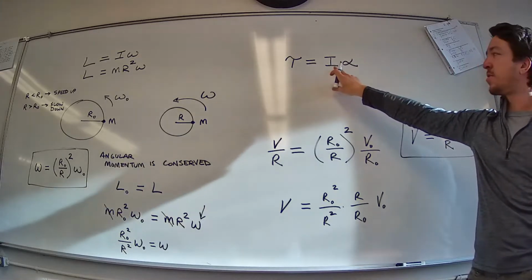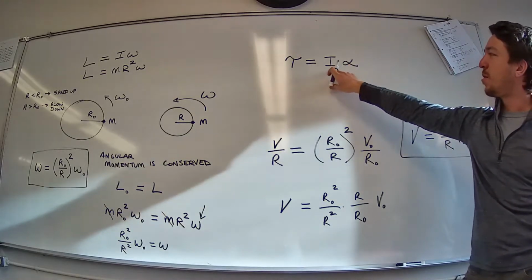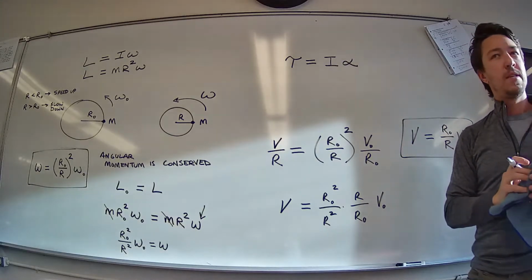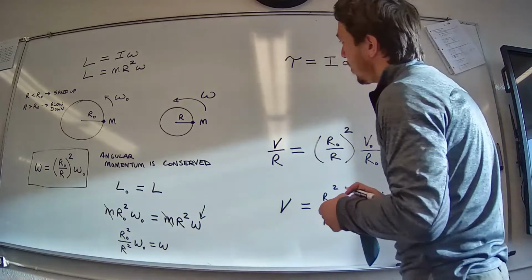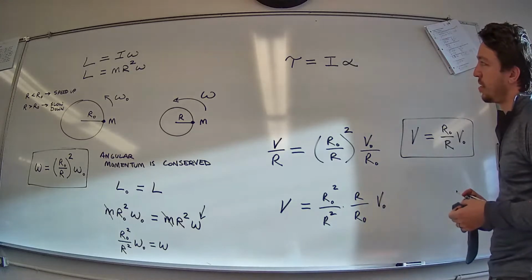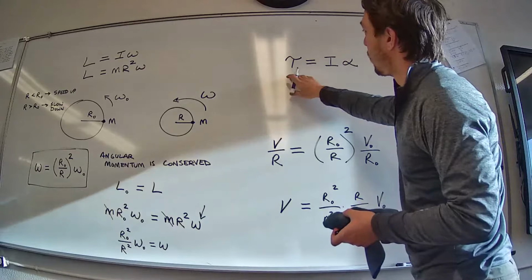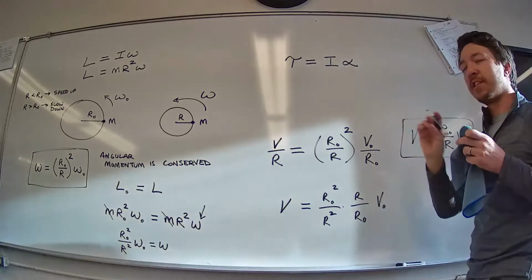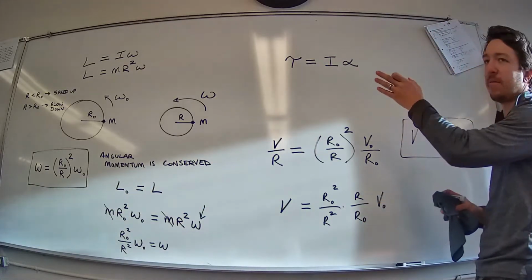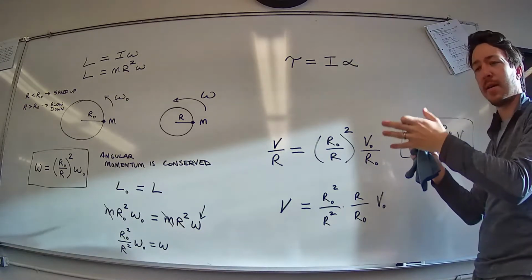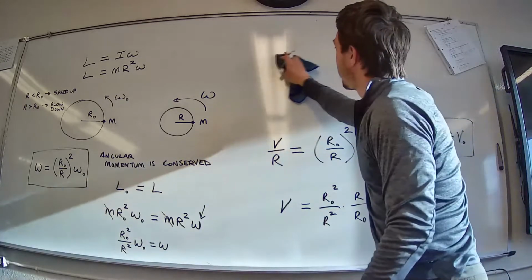But you also have the I value changing at the same time. So this formula is not really working if I is changing. This formula, the way we derived it, only works for a solid object that's not changing shape.